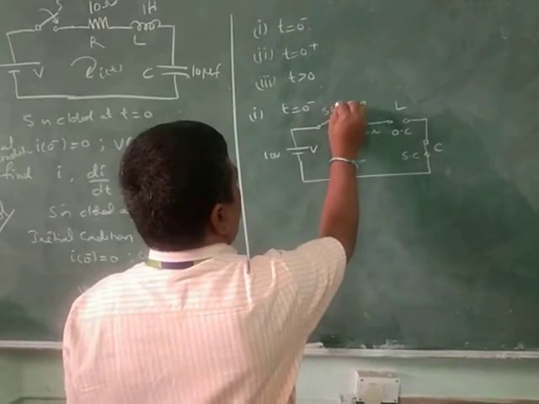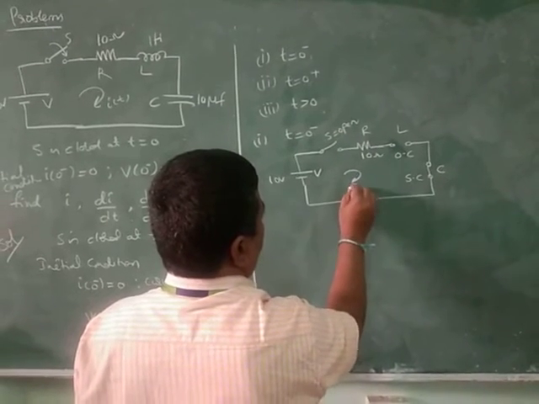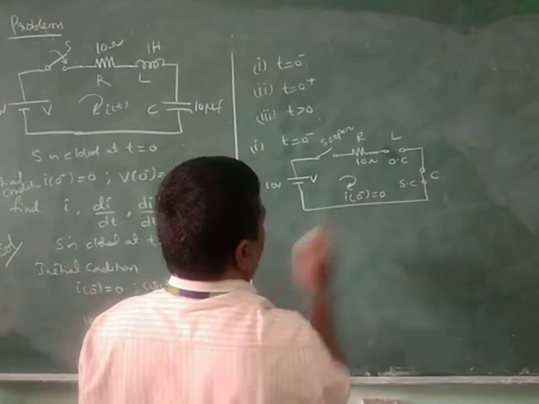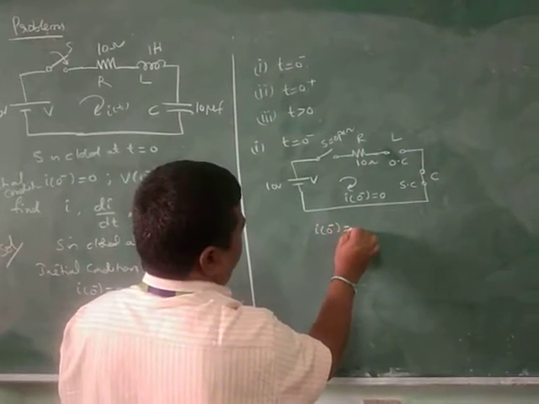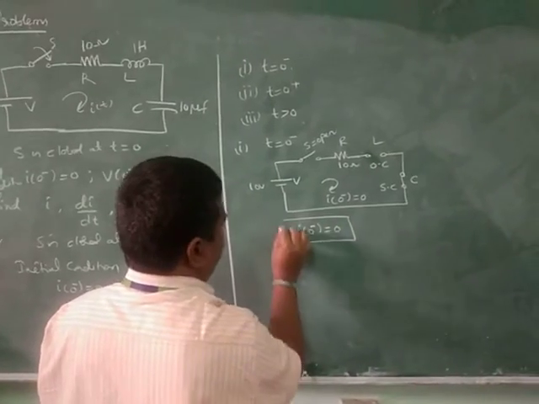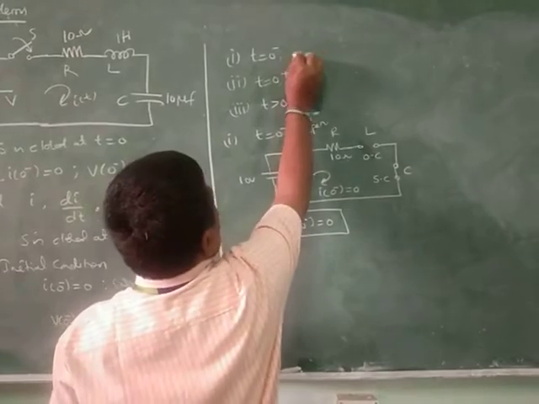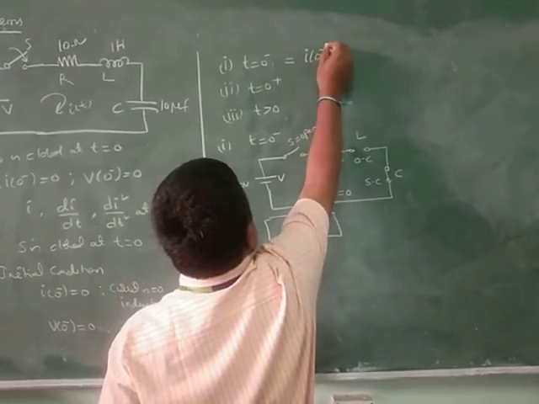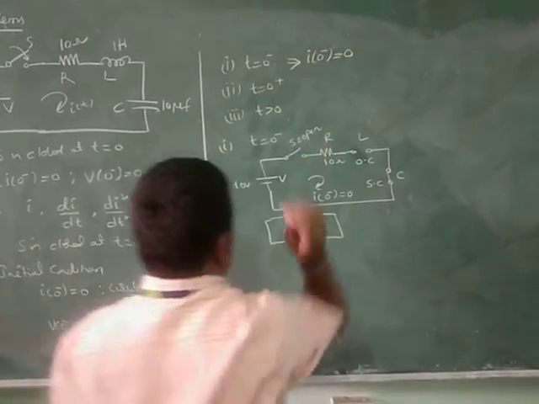Now S is open, so the circuit is open and the current flowing through the circuit, i(0-), is equal to 0. That is the first case: t equal to 0 minus, i(0-) equal to 0.